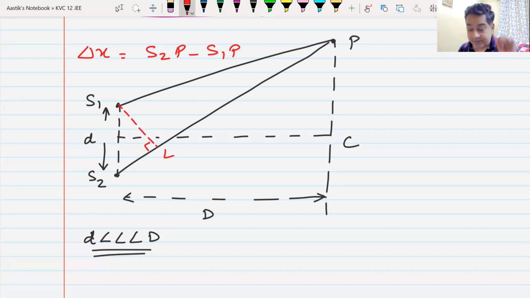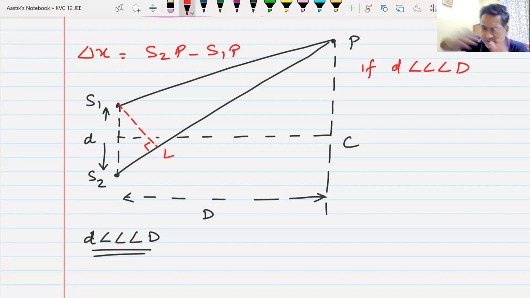Now, remember, if small d is very, very small compared to capital D, which is very far, then I can write, my dear friends, S1P is almost equal to LP. Do we understand this? Yes. That only happens when D is very, very far off. Yes or no?